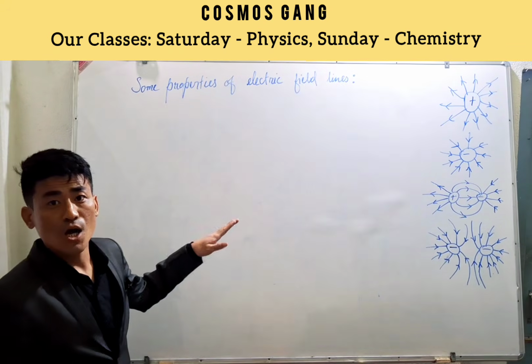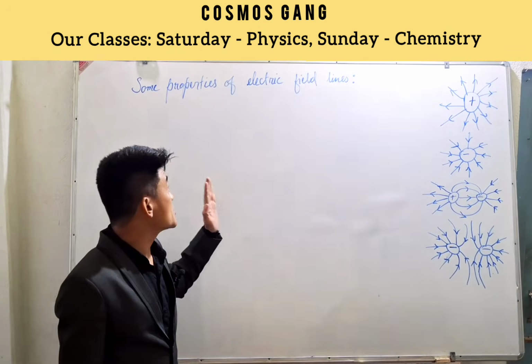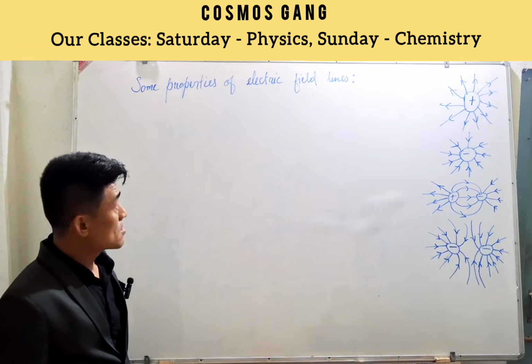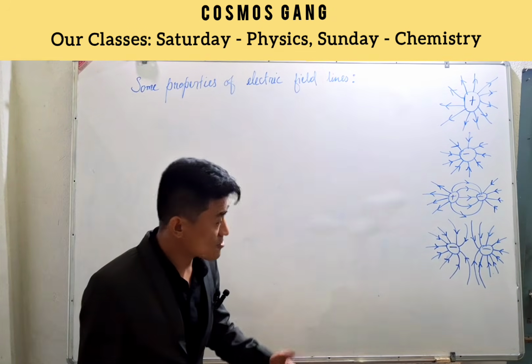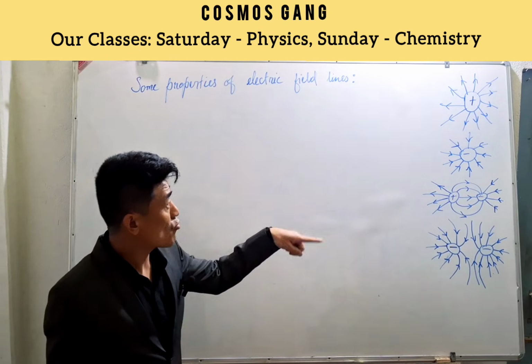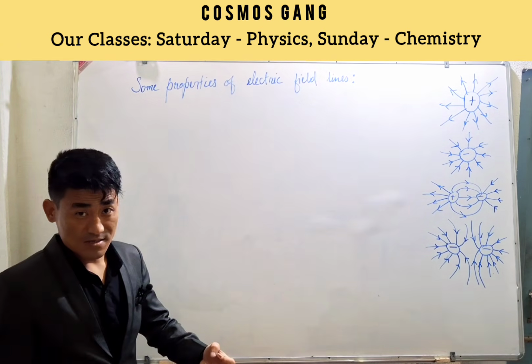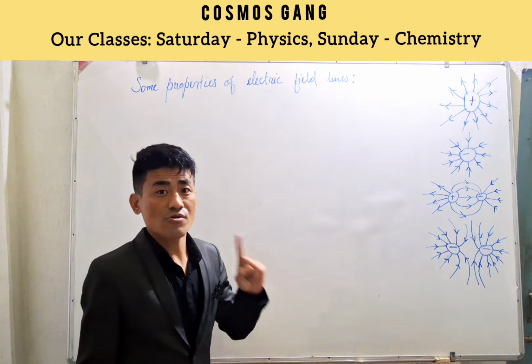Now we will discuss some properties of electric field lines. We have learned that electric field lines drawn around a charge are imaginary lines which may be straight or curved.